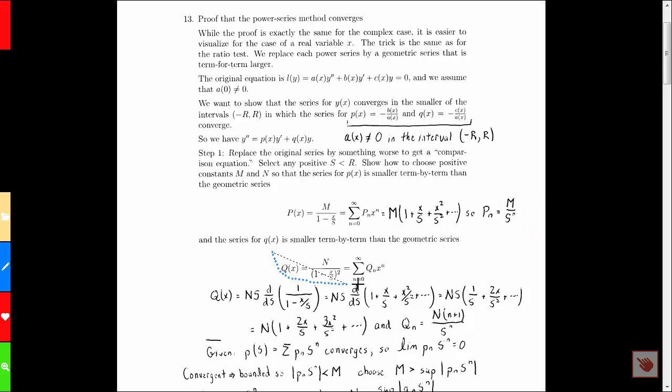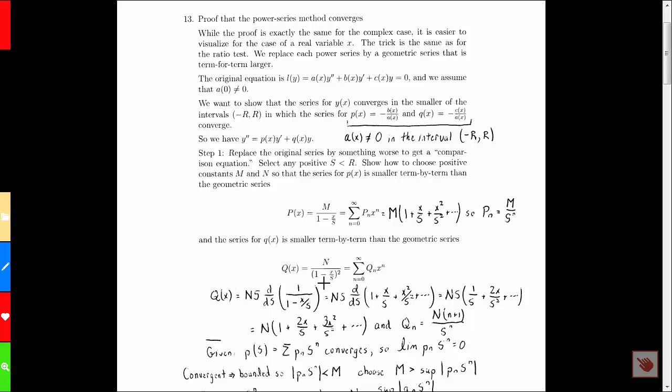Similarly, for q of x, we are going to use some constant capital N times 1 over 1 minus x over S squared, and look at the coefficients of that. Now here we have to be a little bit trickier to sum the series. How do you get a 1 minus x over S squared in the denominator? Answer, you differentiate 1 over 1 minus x over S with respect to S. In doing that, you introduce a minus 1 over S from the chain rule, so we better multiply by S to compensate for that.